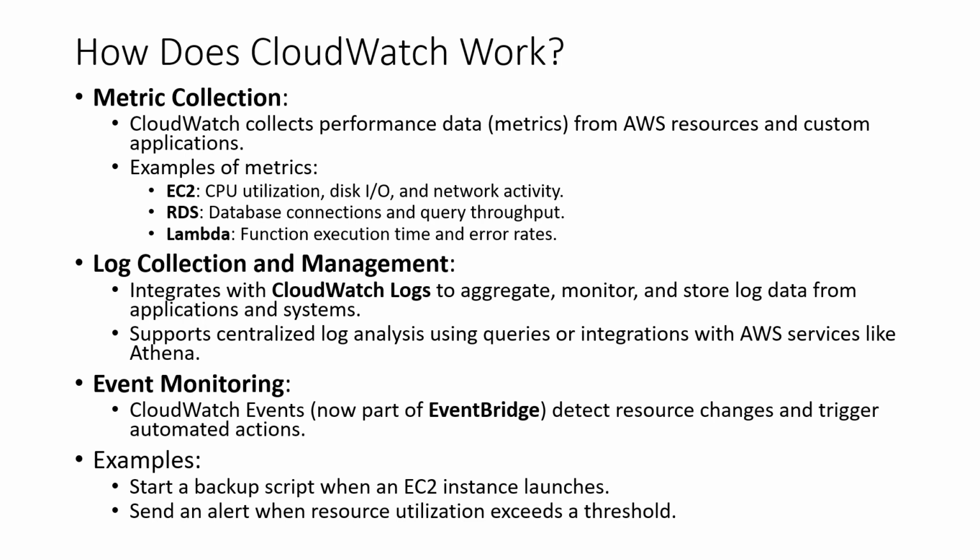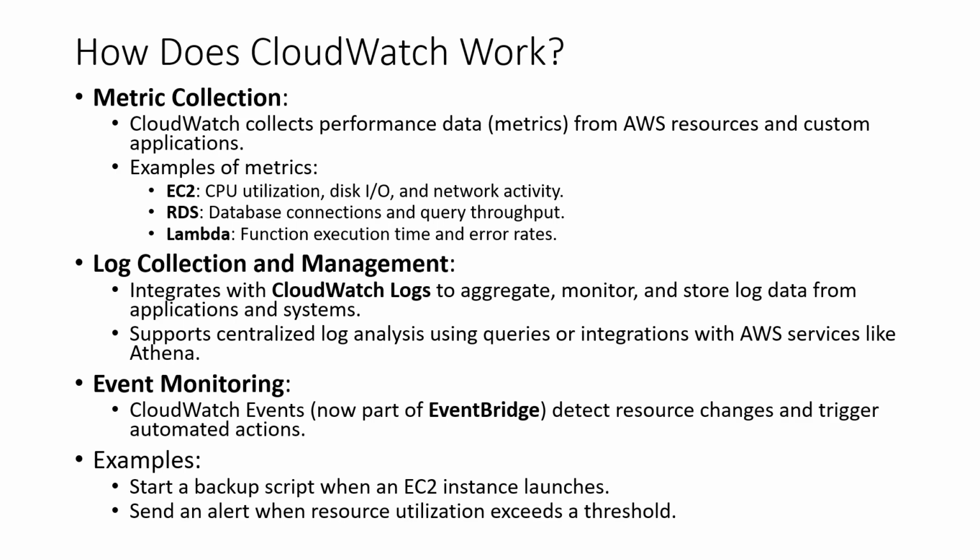And send an alert when resource utilization exceeds the threshold. Here we are going to set up the alarm, saying that if my CPU utilization reaches 80% out of 100%, send an alert to the concerned person saying that your server has reached maximum CPU utilization, kindly pay attention to it.